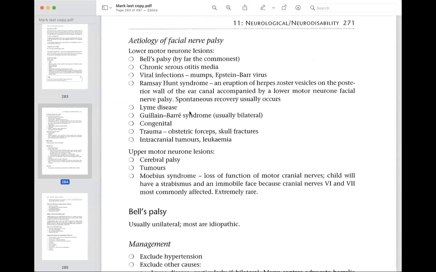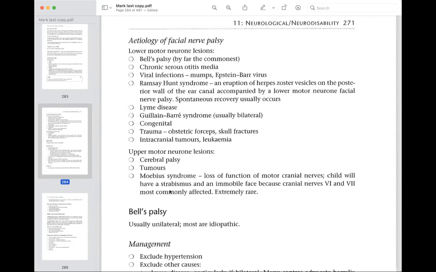So, etiology of facial nerve palsy. This is the LMN and upper motor neuron. They have written them separately: lower motor neuron lesions, upper motor neuron lesions. So let's go for the upper motor first. Cerebral palsy, tumors, Mobius syndrome, loss of function of motor cranial nerves.